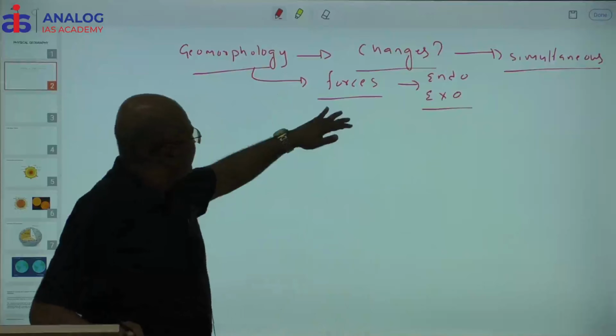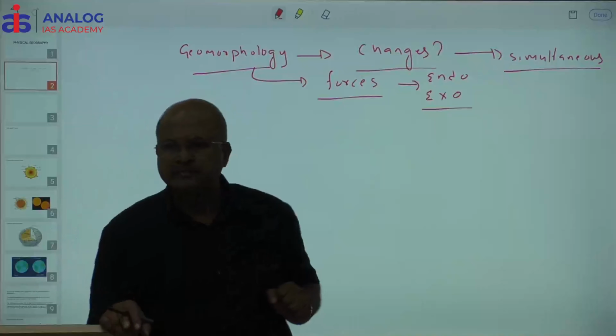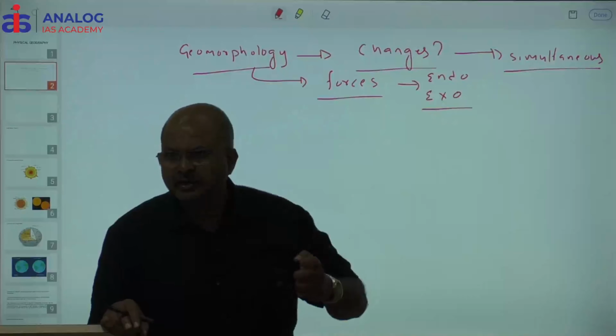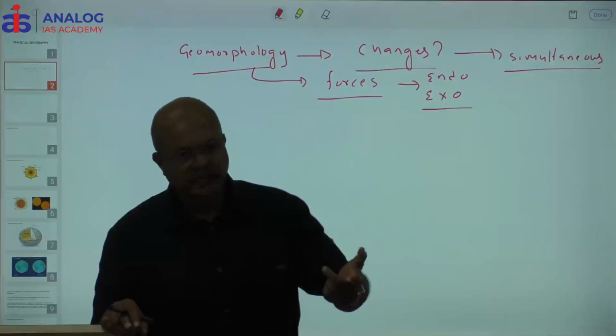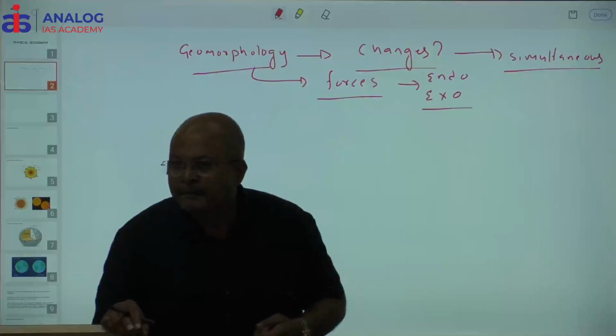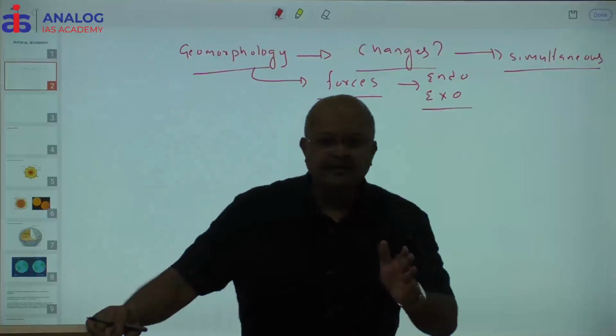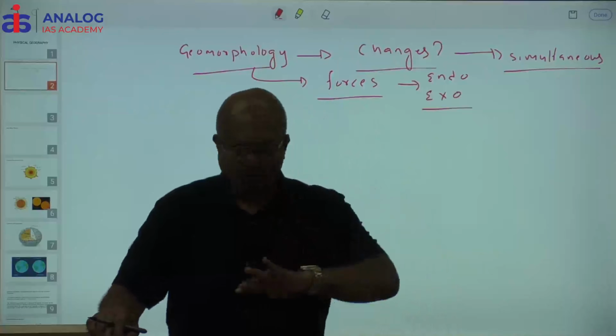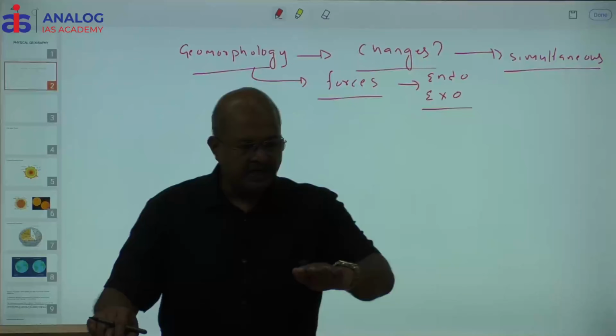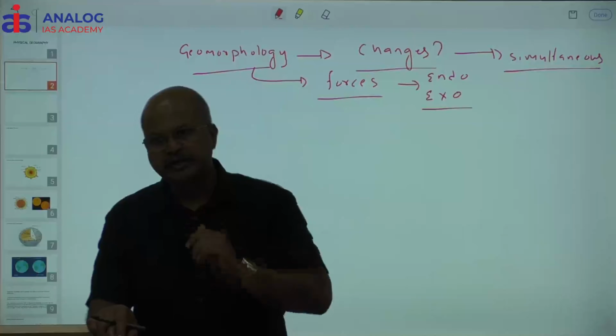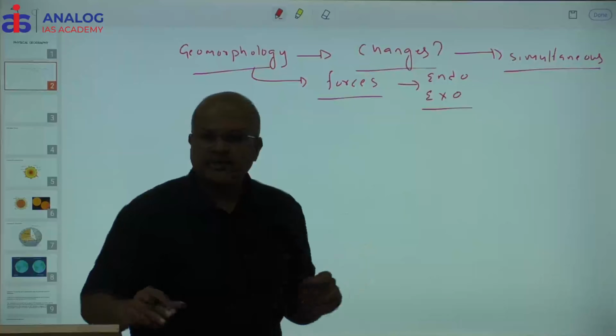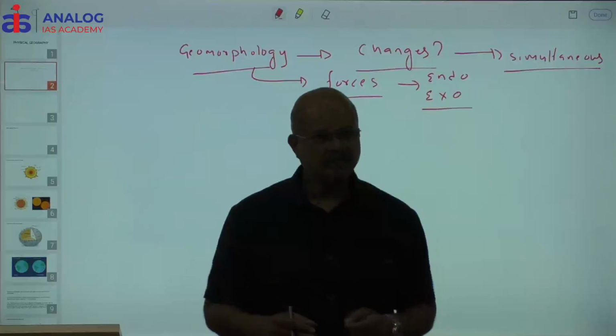Now, can you give an example of endogenetic impact? Volcanoes, earthquake, then plate tectonics, movement of the plate. Right. So those are called endogenetic. What do you mean by exogenetic? Any example?